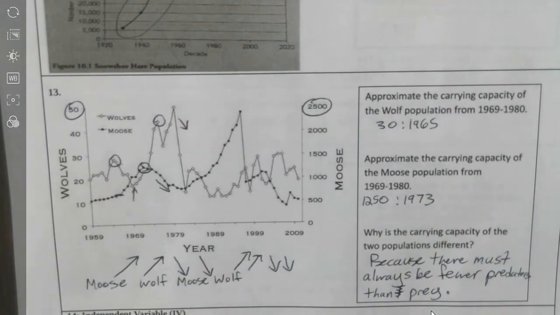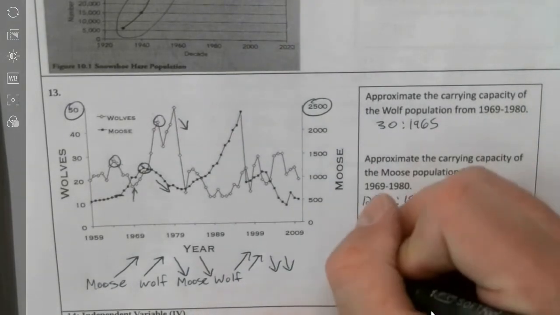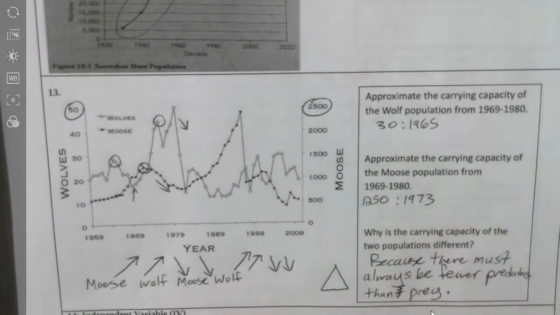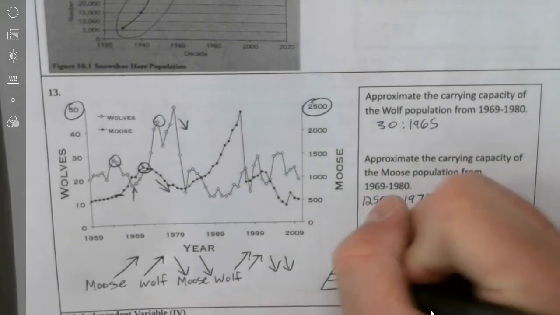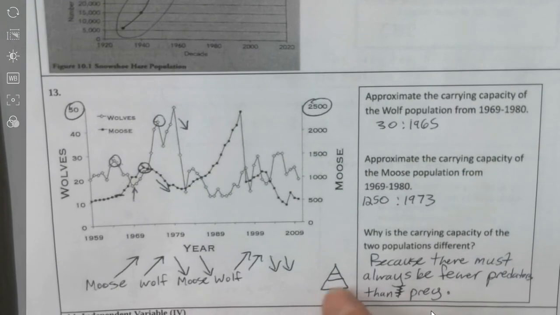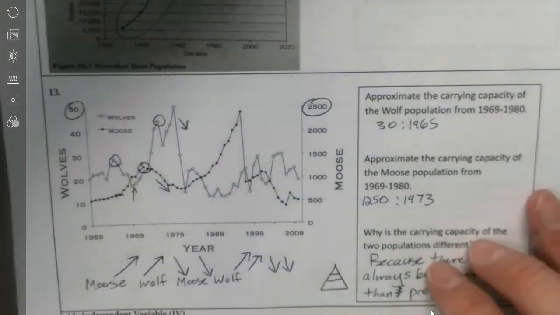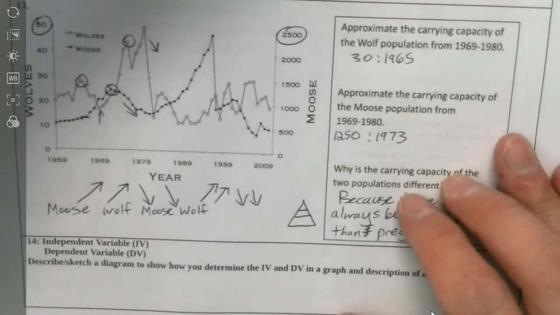Okay. And you could go back and talk about, like we mentioned earlier, looking at trophic levels, there's always going to be more lower organisms than there is higher organisms. There's just not enough energy because of the 10% rule to sustain it.